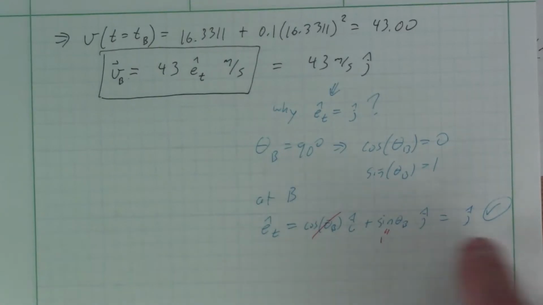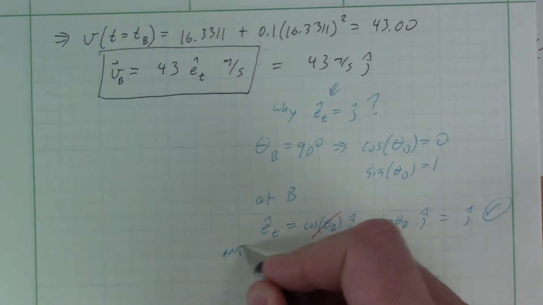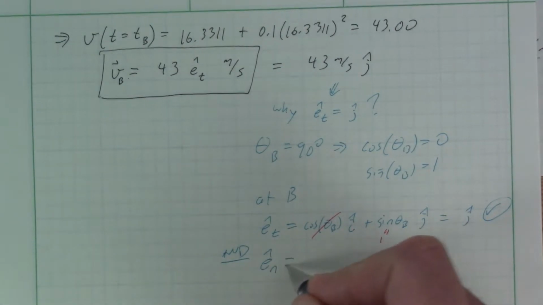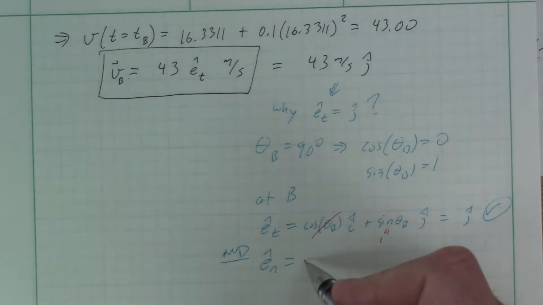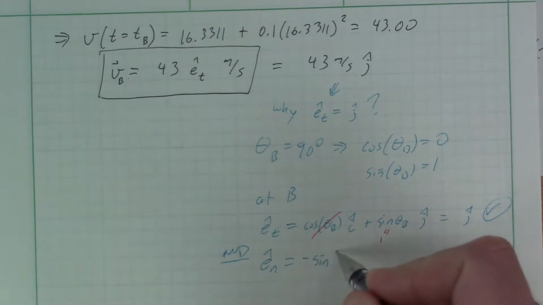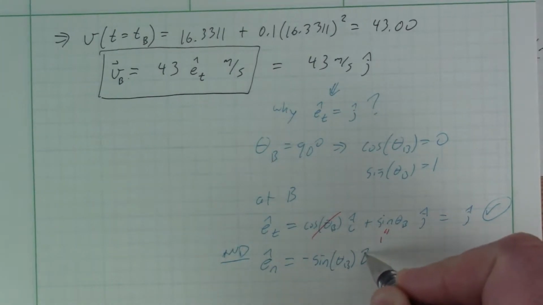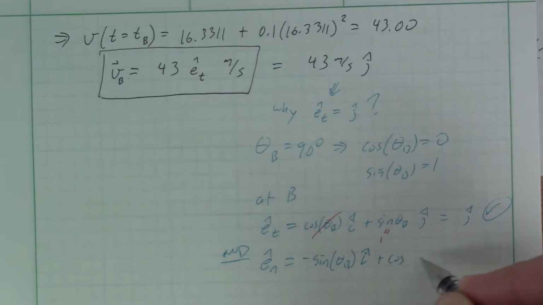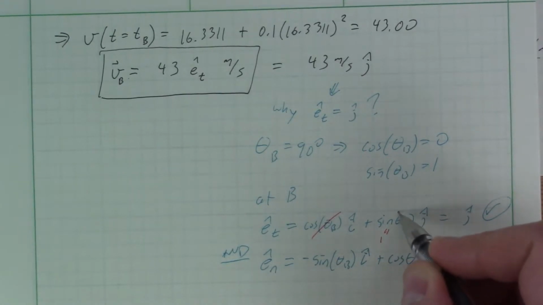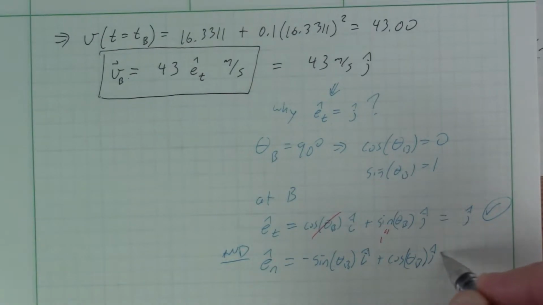Well, and if e t is j hat, we know that e n must be i hat, or at least related to it. So let's work through the relationships there. e hat n, we showed last time, was minus sine of theta i hat plus cosine of theta j hat.